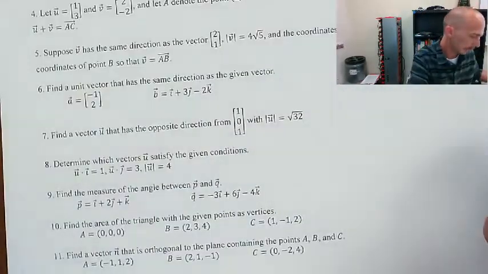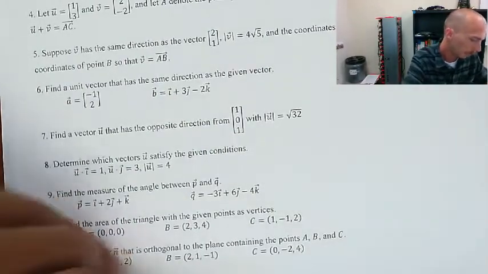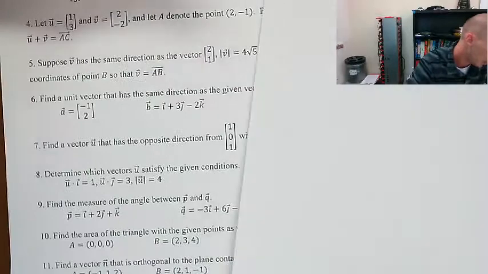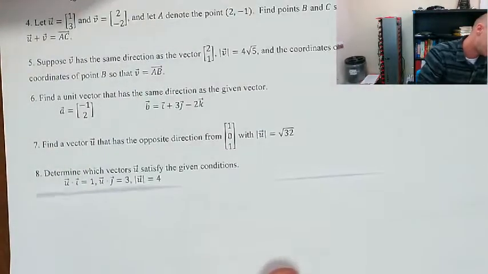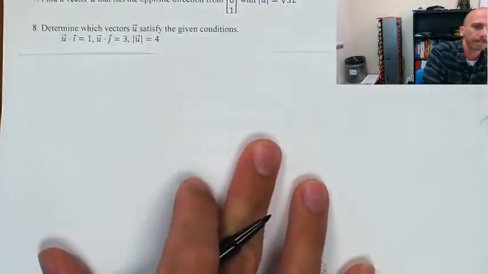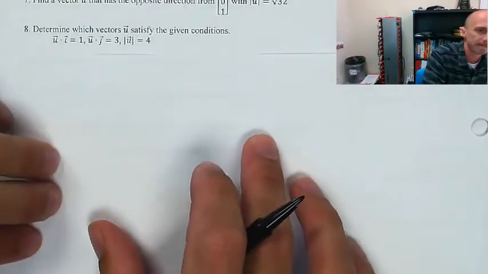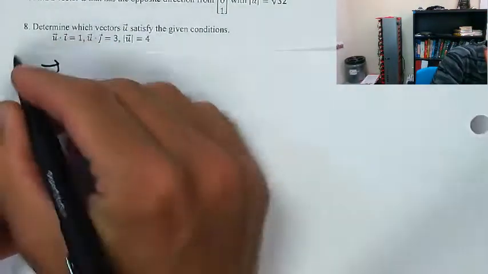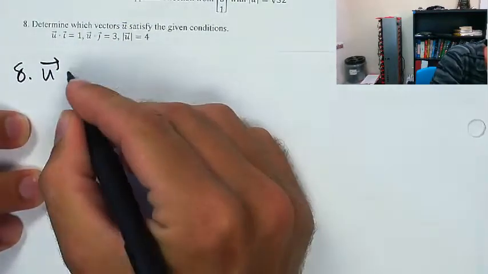All right. Number 8 is determine which vectors satisfy the given conditions. All right. Okay. So I'm going to call it U1, U2, U3.